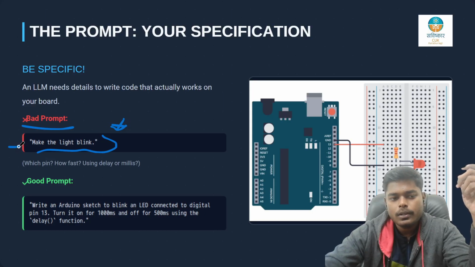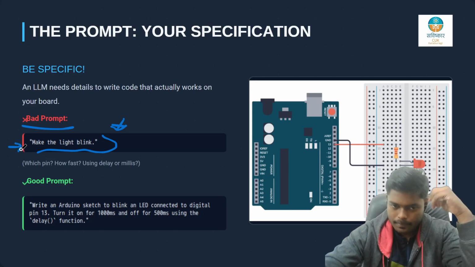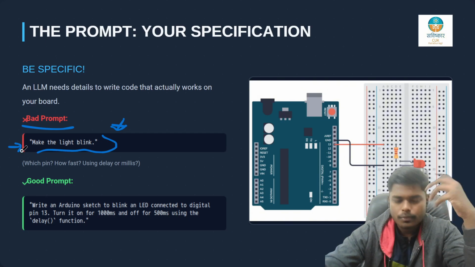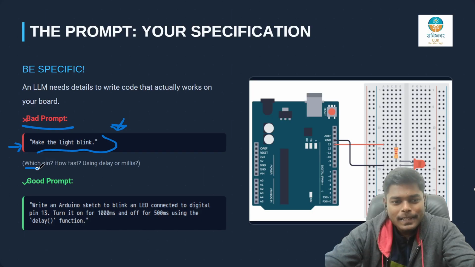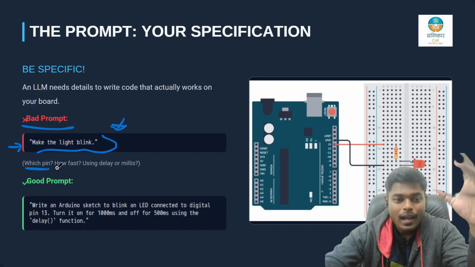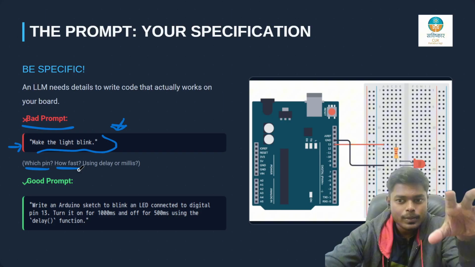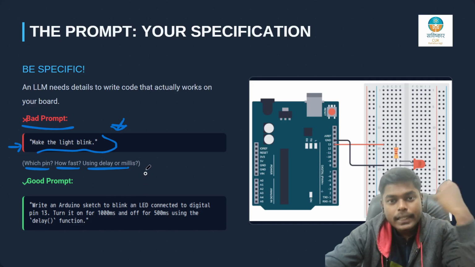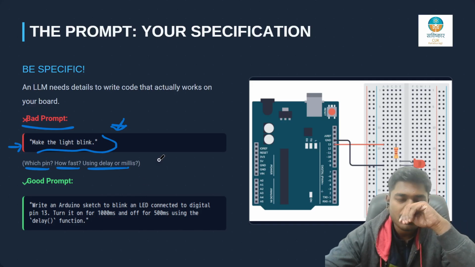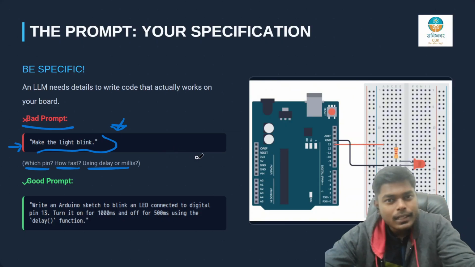For example, if you prompt "make the light blink", what does it mean? Did you specify which pin? How fast? What will be the delay between the blinking, using delay or millis, millisecond delay or microsecond delay?